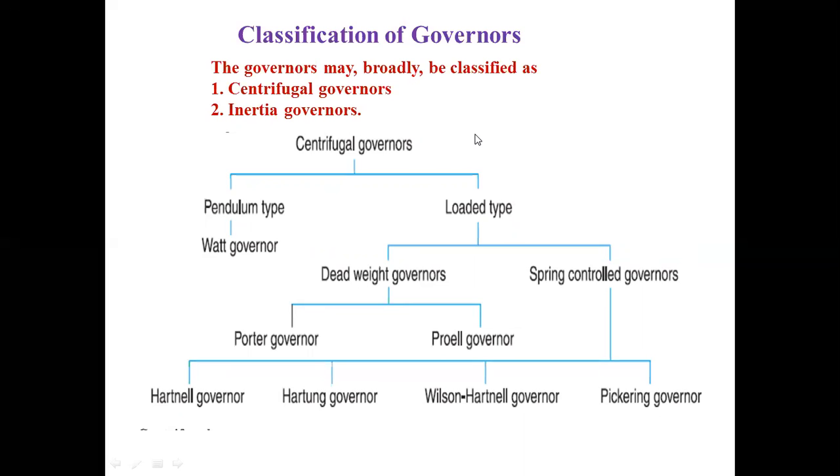Wherever the inertia governor would come, they use centrifugal governors, because centrifugal governors are very easy to balance in a system, whereas inertia governors are very difficult to balance.